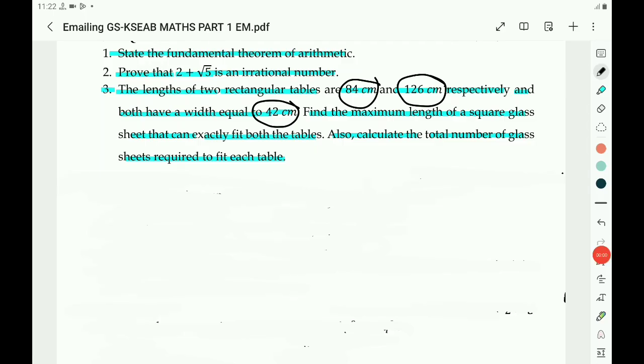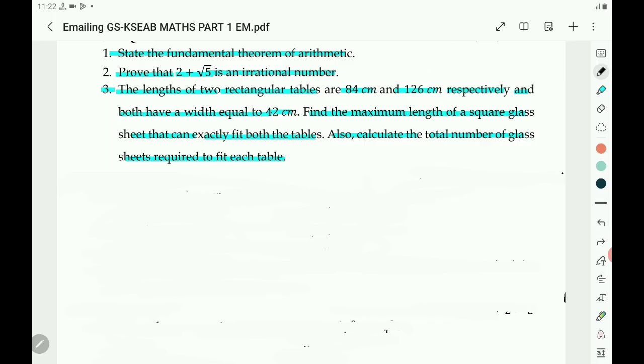Here we have to find the maximum length of square glass sheet that can exactly fit both the tables. Means we have to find the HCF of 84 and 126.